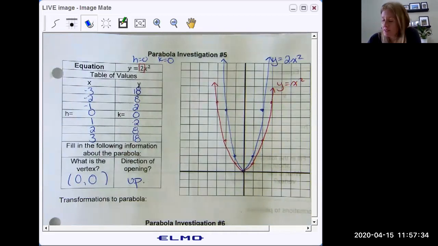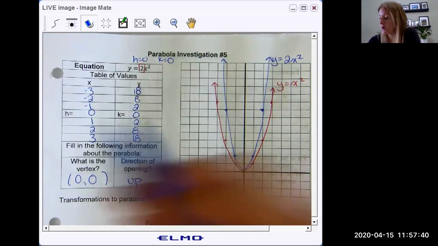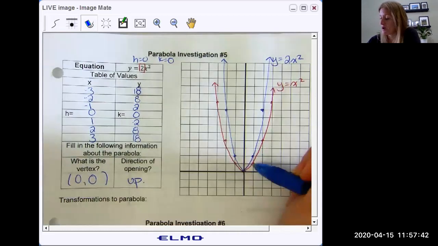Now, this transformation needs us to look back at our step pattern. So remember that on our base parabola, we go over 1, up 1, over 1, up 3, over 1, up 5. Here, though, we went over 1, up 2, over 1, up 6, over 1, up 10.